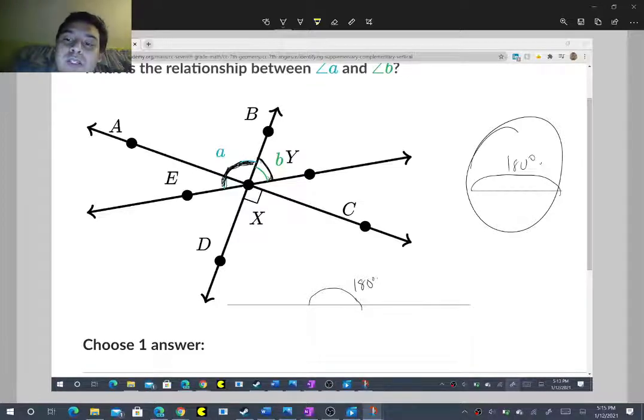The entire circle, however, is 360 degrees, but that's not what this problem is about.